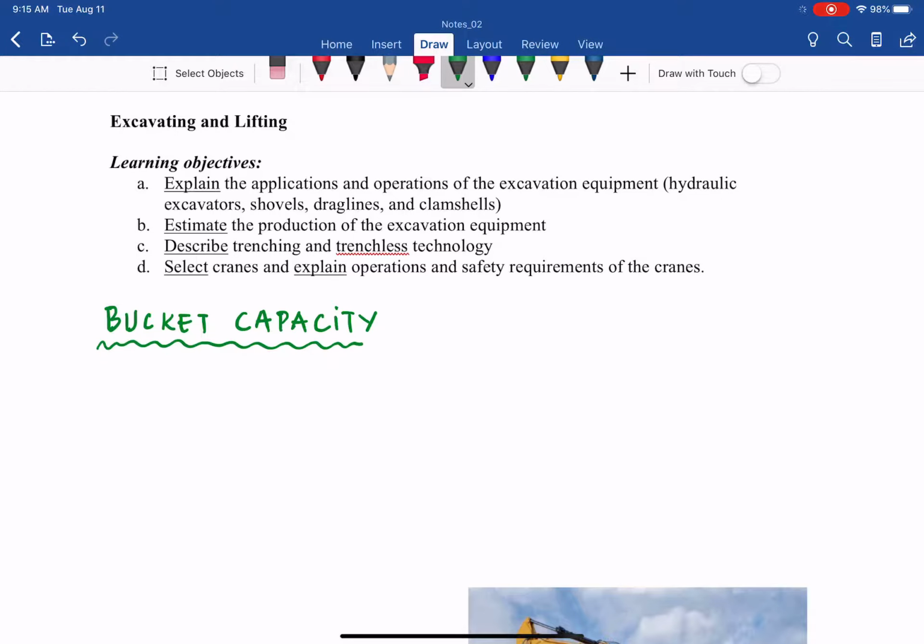Let me draw a bucket. So we have here a typical bucket on the side view of a bucket. And then if we're talking about the front view of that one, it tends to be something like that.